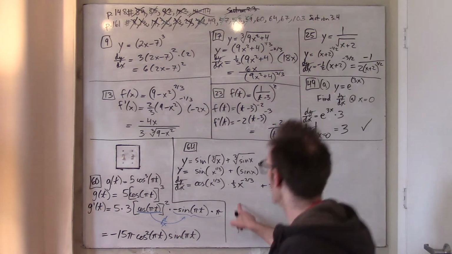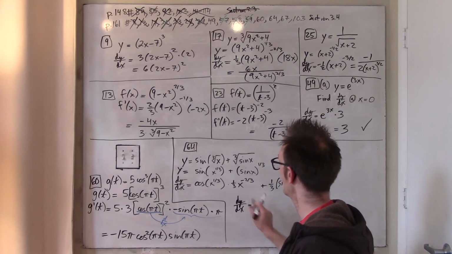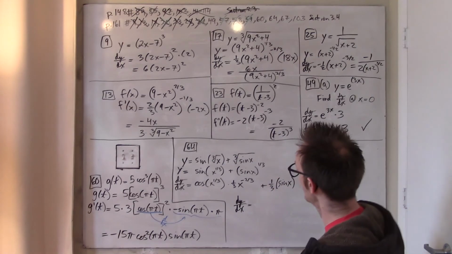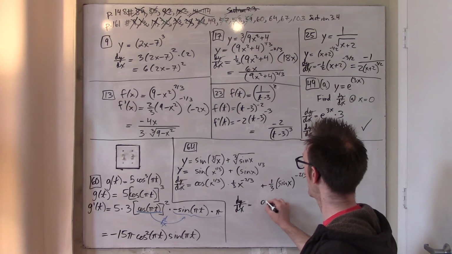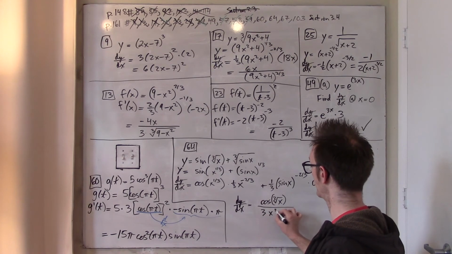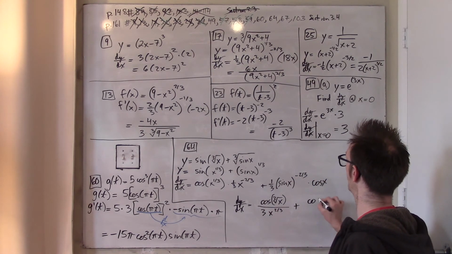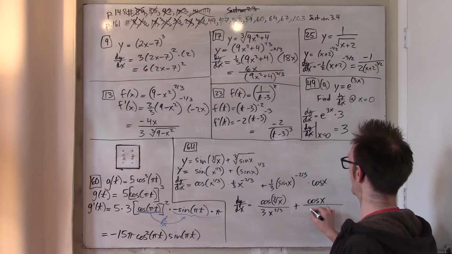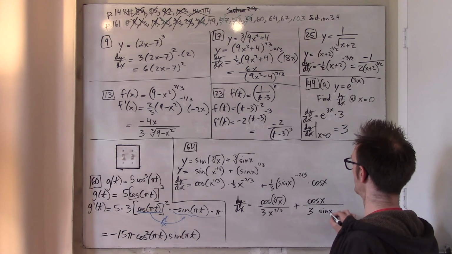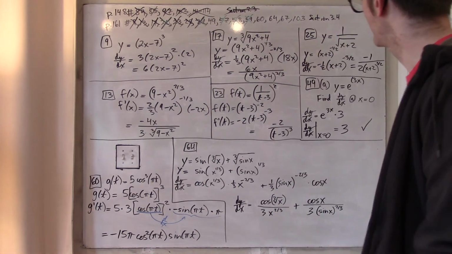So my answer to this is cosine of cube root x over 3x to the 2/3, plus cosine x over 3 sine x to the 2/3. This is the way of writing it with no negative exponents.